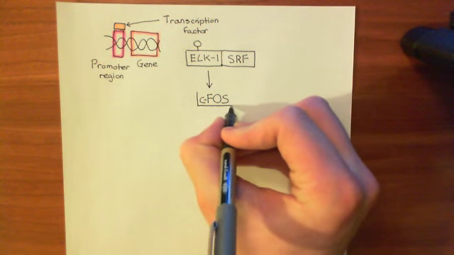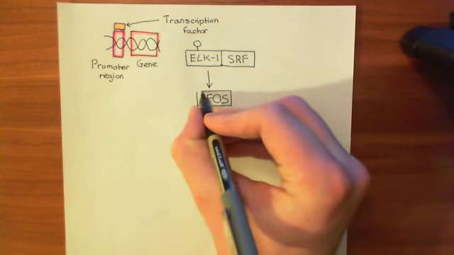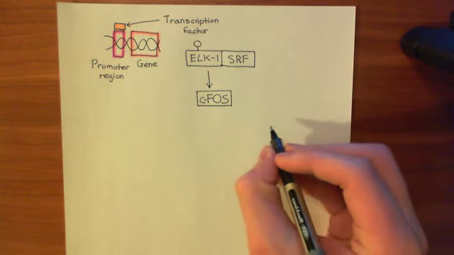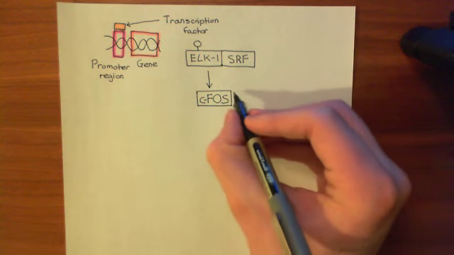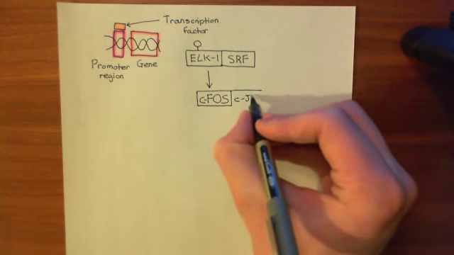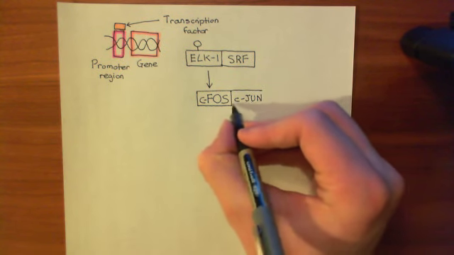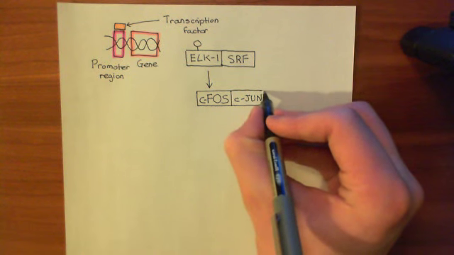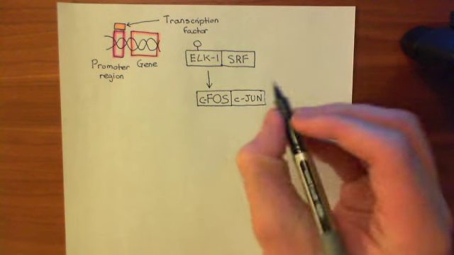Now CFOS is another transcription factor, but to work it needs to dimerize with another protein. So it's going to dimerize with another protein known as C-jun. And this then is called a CFOS-C-jun heterodimer, and this is then going to act as a transcription factor.